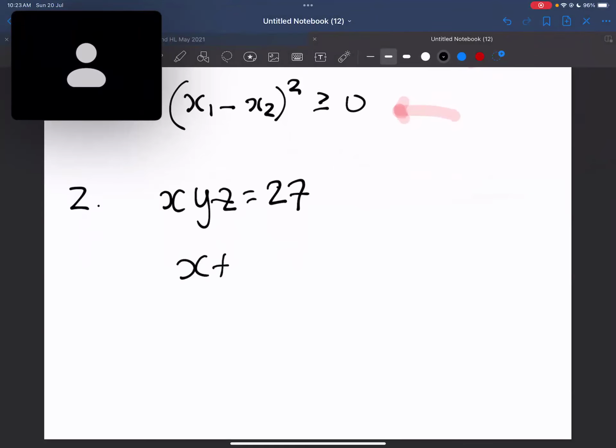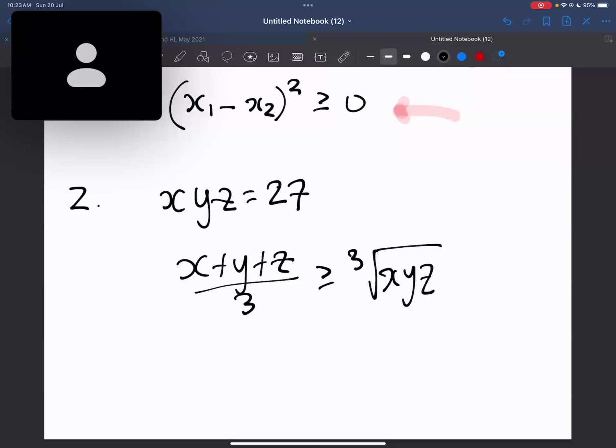We know that by AM-GM, (x plus y plus z) divided by 3 is greater than or equal to the cube root of xyz. So in this case, xyz is 27, so the cube root of that must be 3. Then what does that mean?